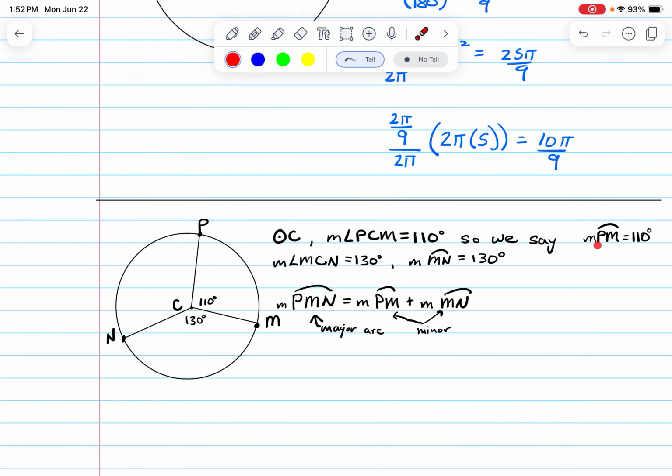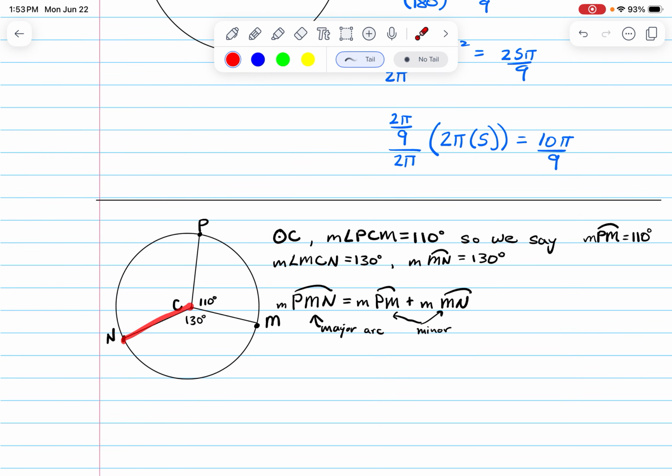We're talking about the measure of the arc. Since this central angle that captures that arc is 110 degrees, we refer to the measure of PM as 110 degrees. That's not how long the arc is. We just talk about that being the measure of the arc. Okay, it's a little more abstract than the arc length.